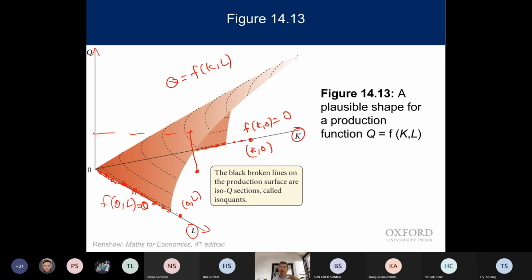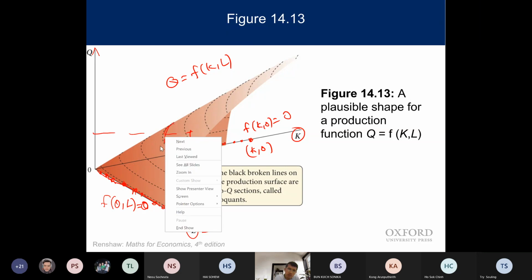The same level of output, right? So that should be exactly the cut. Okay, the cut parallel to the LK plane. You have to cut the surface through the KL plane, so that you're going to have something like this, a curve, right? A curve.